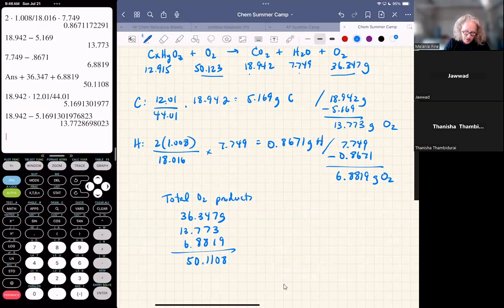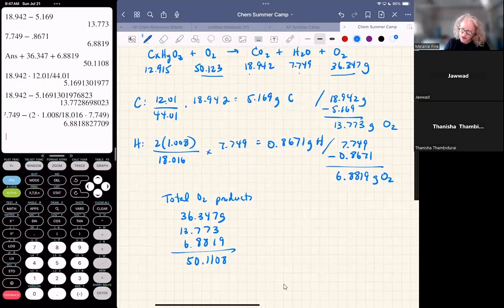And then I'm going to do 7.749 minus, let me put in parentheses, 2 times 1.008 divided by 18.016 times 7.749, which gives me 6.8818827709 oxygen. I'm going to try to add these together. I sometimes have trouble doing that.